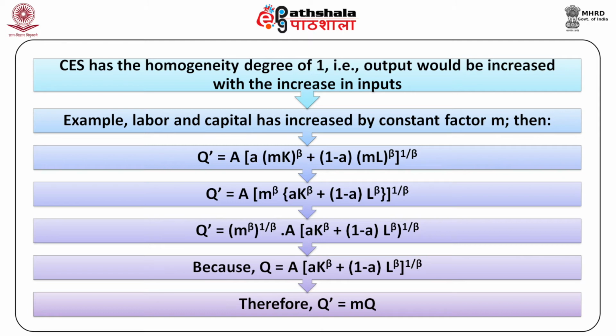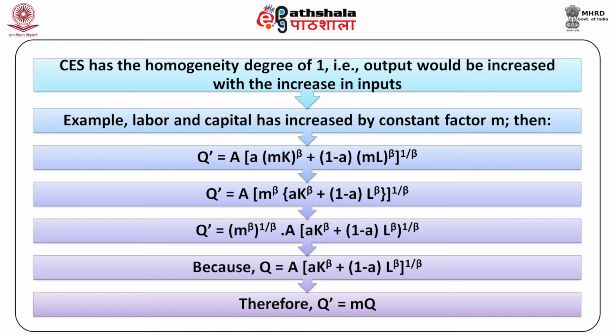For example, labor and capital have increased by a constant factor m. In such a case, production function can be represented as follows. Q dash is equal to A [a into mK to the power beta plus (1 minus a) into mL to the power beta] to the power 1 by beta.